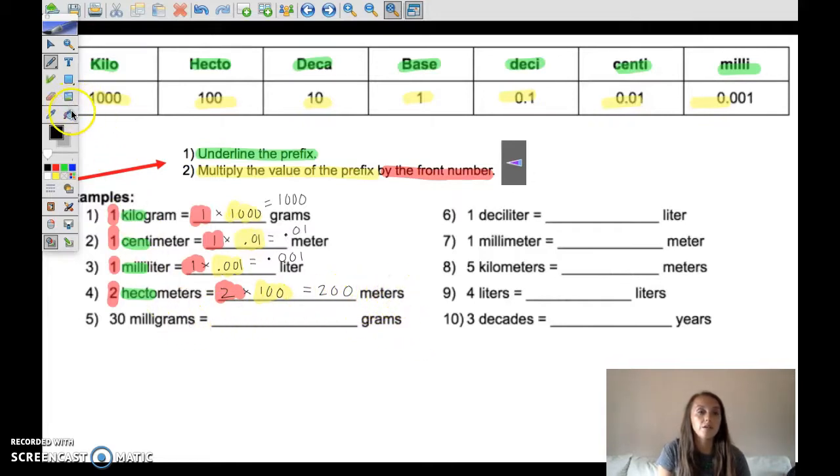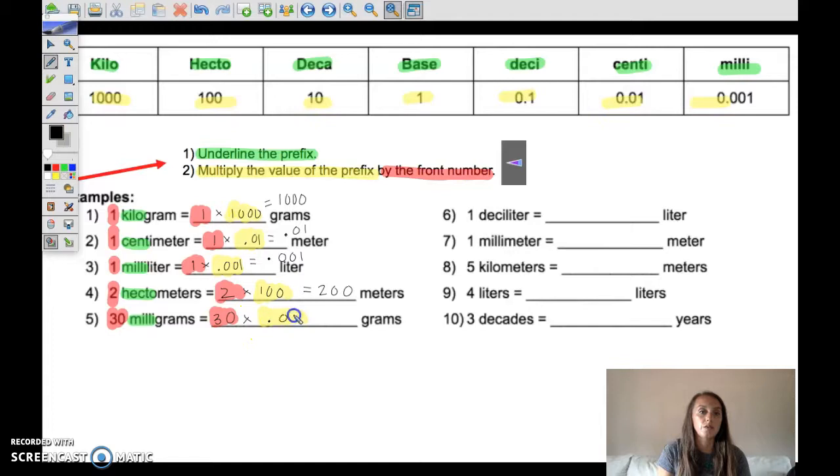The last one we're going to do together, and I want you to try 6 through 10 on your own, is number 5. So I'm still going to follow the same process. I'm going to underline my prefix, which in this case is milli, and then I'm going to find my front number, which in this case is 30. Then I'm going to take my front number, which is 30, and multiply it by the value of my prefix.